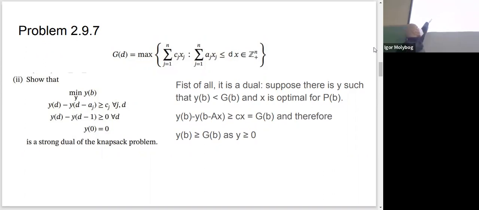We only have that if we subtract aj, then we will get greater than or equal than cj. How can we go from this inequality to this one? Any ideas? No ideas?